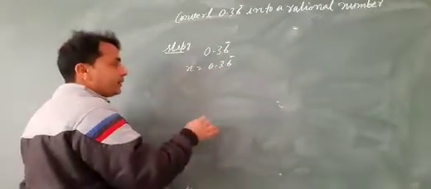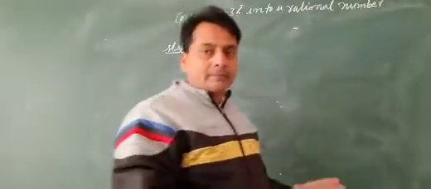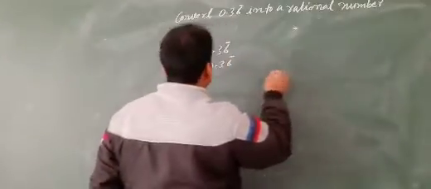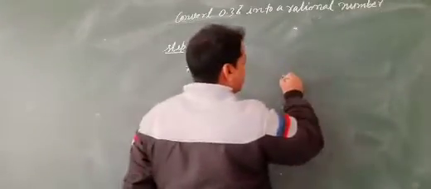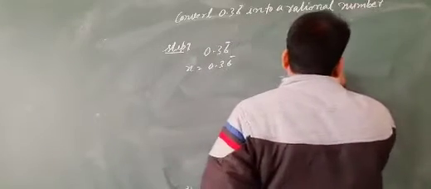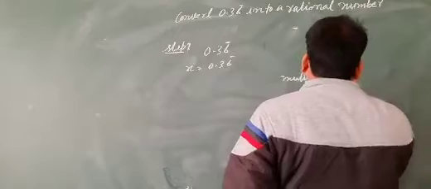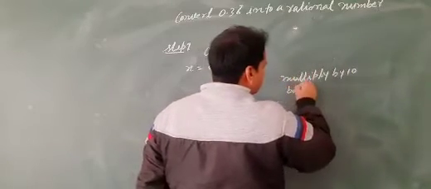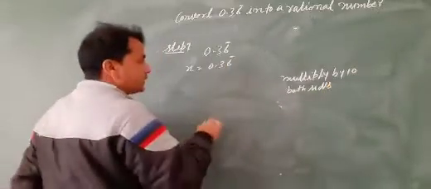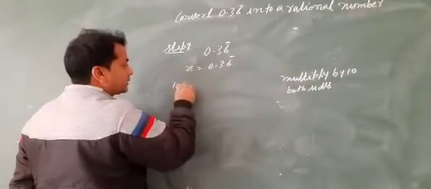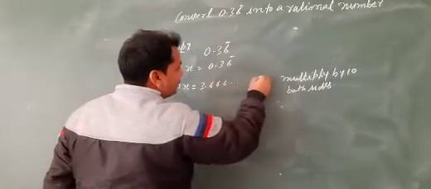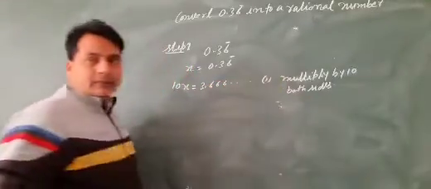Since 3 is non-repeating and in the tenths position, multiply by 10 on both sides. So 10x equals 3.666 and so on. That is the first equation.